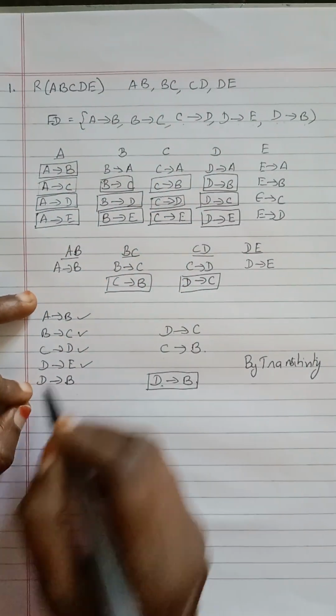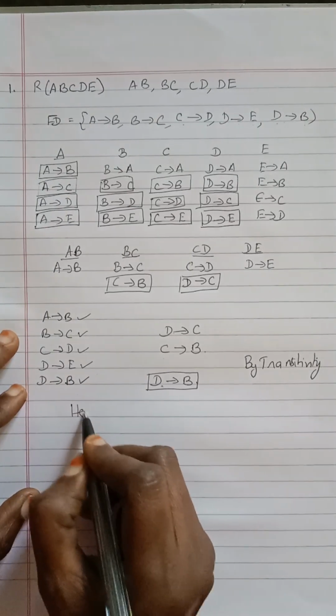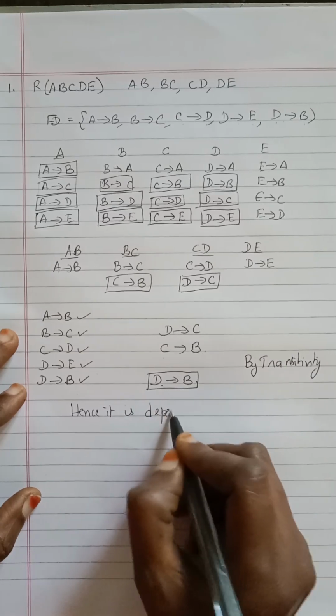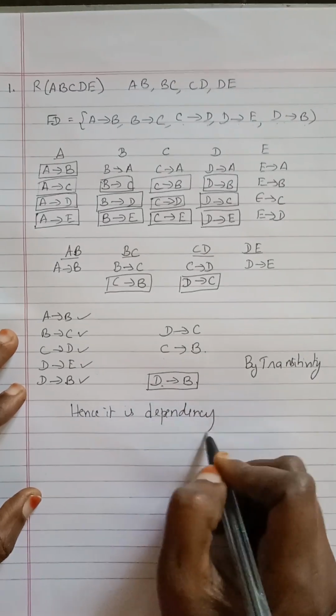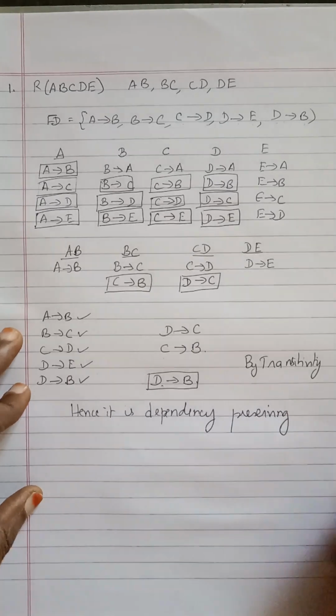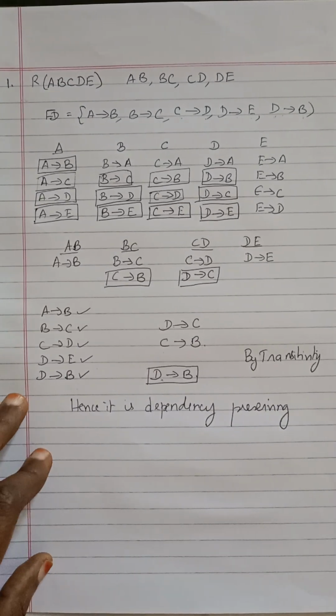We have found that D tends to B also, so this is satisfied as well. Hence it is dependency preserving. Okay, so that's how we have to find out whether it is dependency preserving or not.